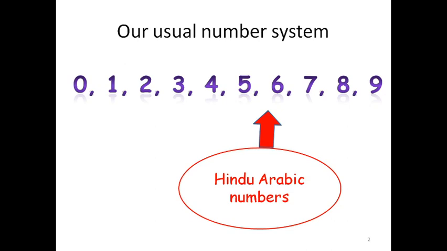There are 10 digits, and we make every number from these 10 digits. So this number system is called the Hindu-Arabic number system, or these are called Hindu-Arabic numbers.